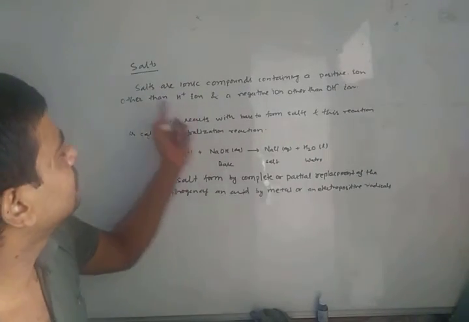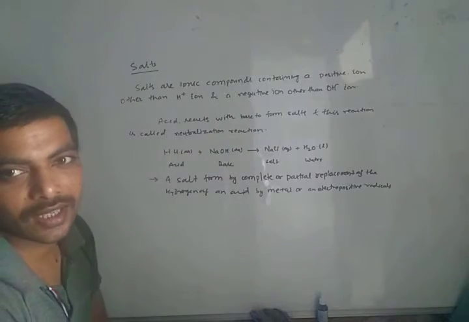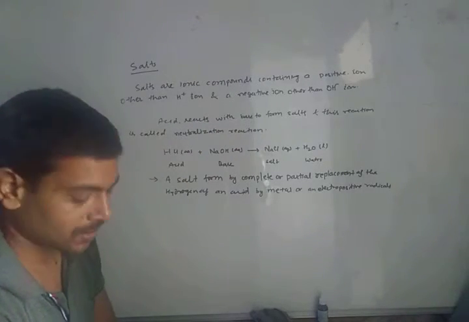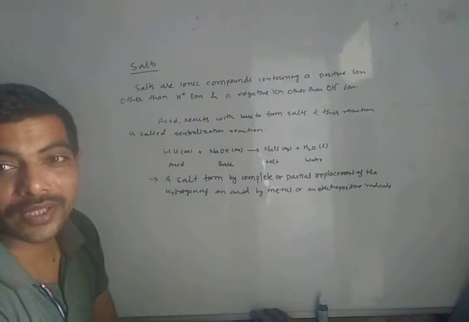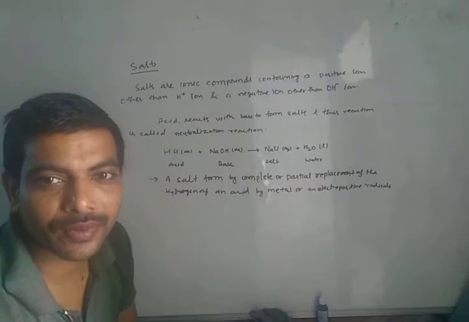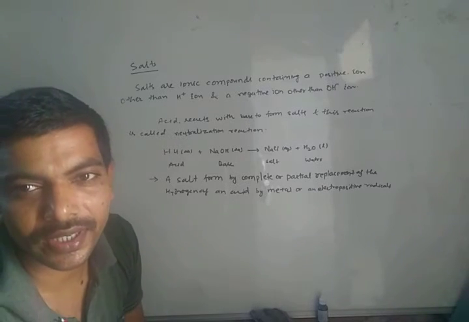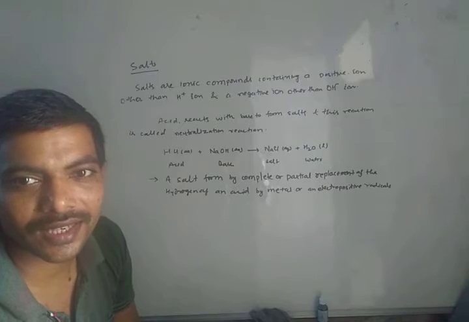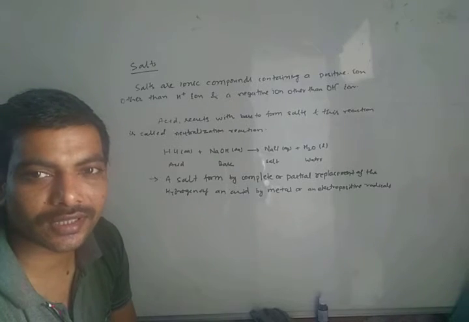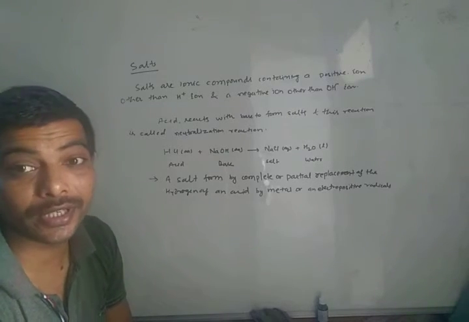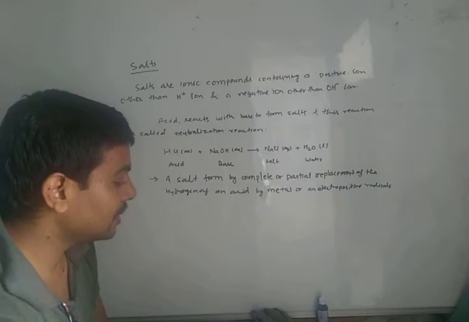What is a radical? The ionic part of the salt. A salt contains two types of radical: acid radical and basic radical. If the species bears a negative charge, it is an acid radical, and if it bears a positive charge, it is a basic radical.